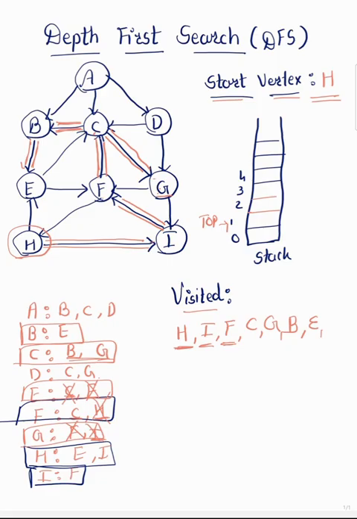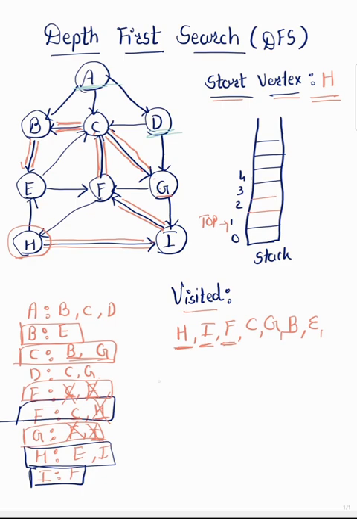Now you might think that your stack is empty, so what to do next? There are the vertices A and D, they are not yet visited. But DFS always goes for a path that is reachable from the starting vertex.